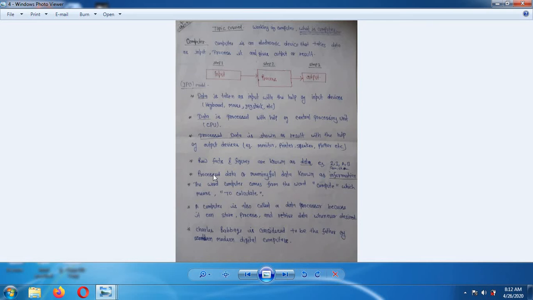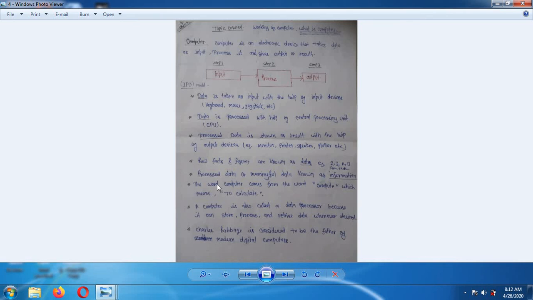Basically, the CPU is the part where all data is processed, and after processing it will be sent to the output device like the monitor, printer, etc. Right? So you came to know what a computer is and how it works.